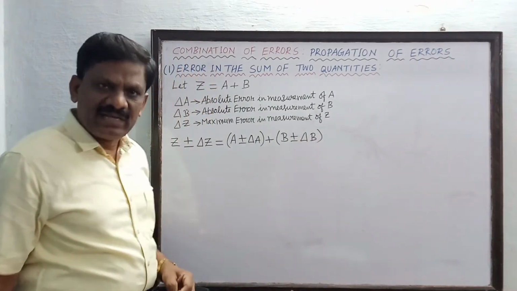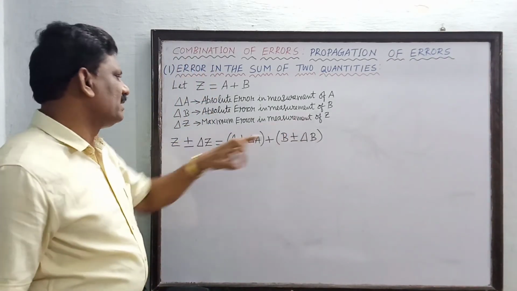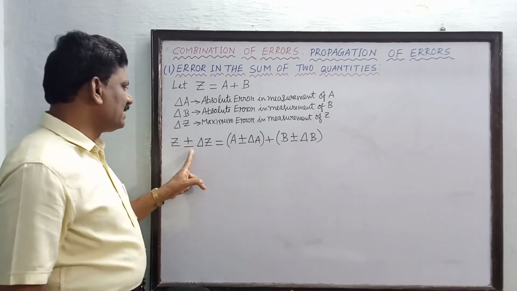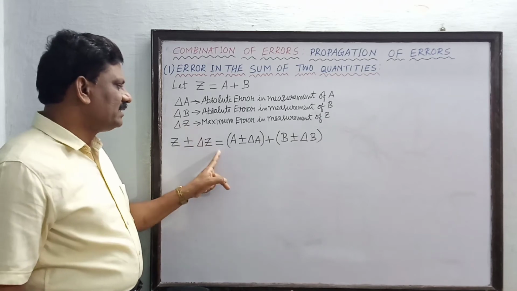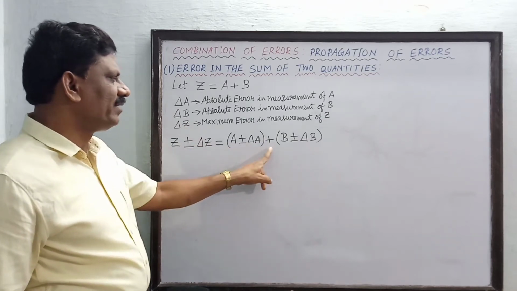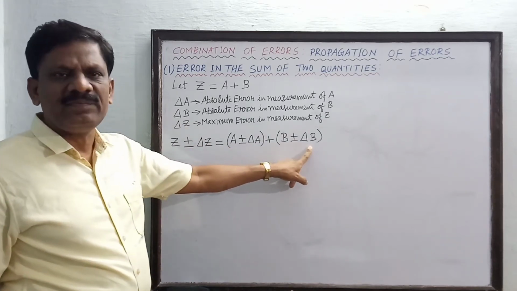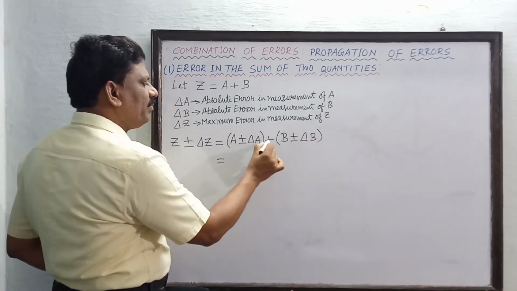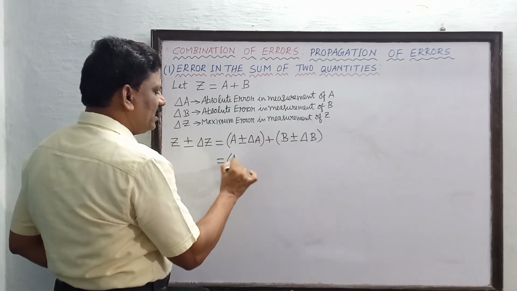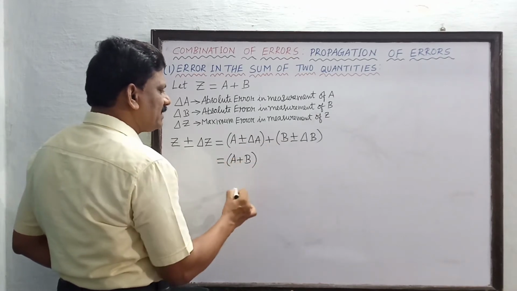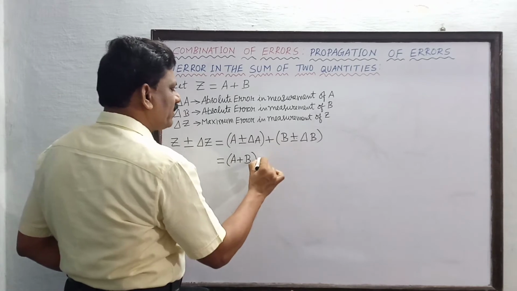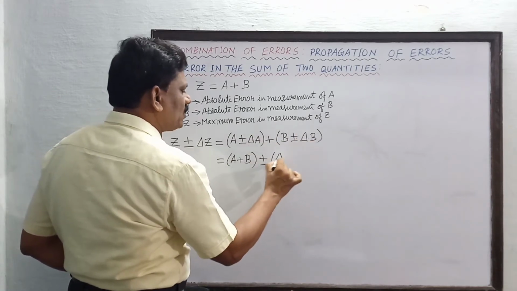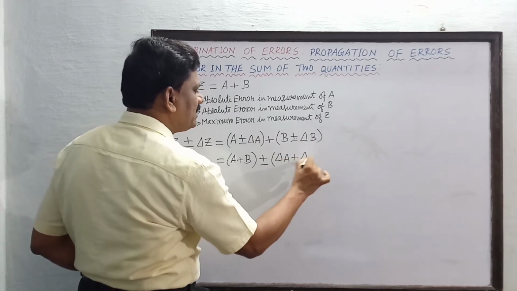This is how to determine the maximum possible error delta Z. So Z plus or minus delta Z is equal to A plus or minus delta A plus B plus or minus delta B. Now I will separate it, grouping the terms: A plus B, then plus or minus, delta A plus delta B.